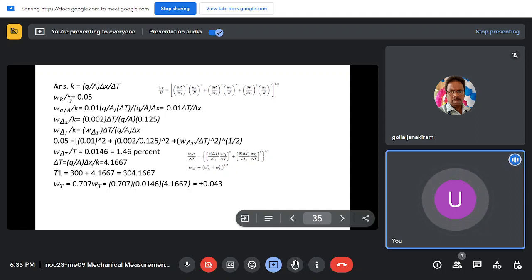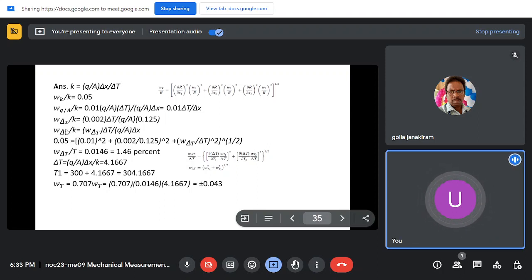So initially we calculate the uncertainty by K, with respect to heat flux. We know the uncertainty of heat flux, which is given as 1%, divided by K. So we substitute the expression for K, and we will get the simplified value as 0.01 delta T by delta X. Similarly, we find out W for delta X, uncertainty in thickness, divided by K. So the simplified expression is 0.002 delta T divided by heat flux into 0.125.